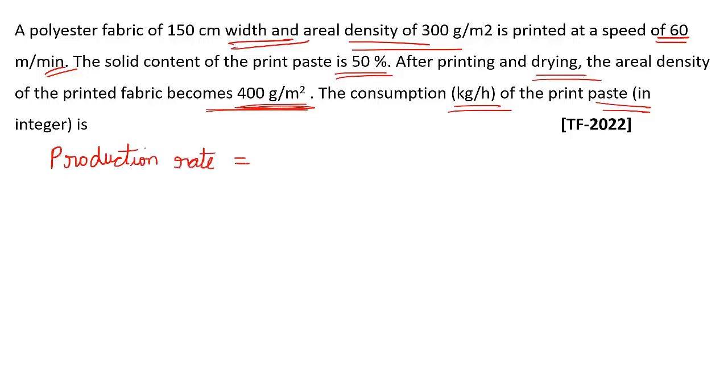The production rate will come out to be the aerial density, 300 gram per meter square, into 150 upon 100 meter, into the speed, 60 meter per minute.